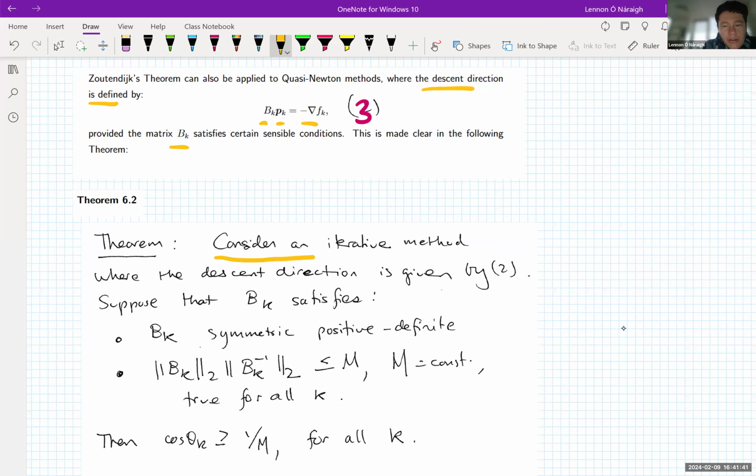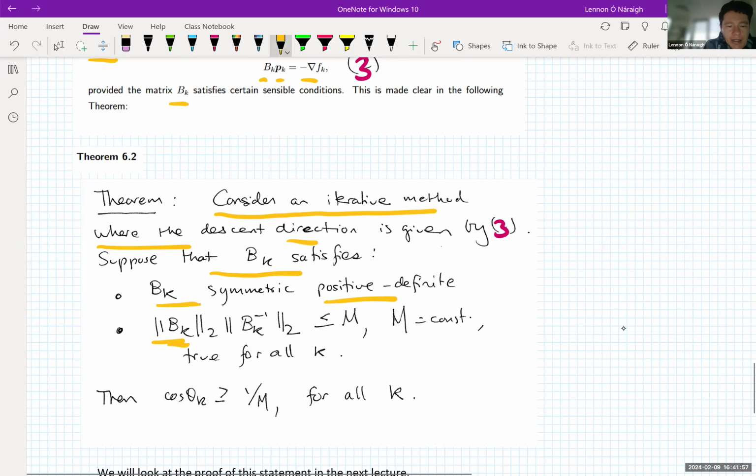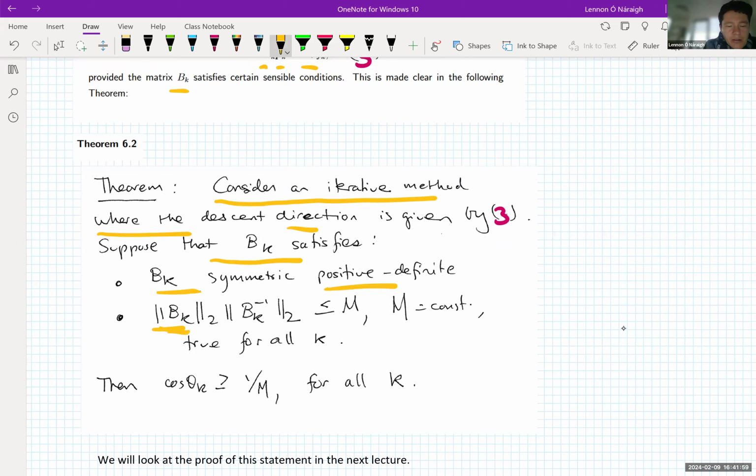In this theorem, we're told to consider an iterative method where the descent direction is given by equation 3. And then suppose that Bk satisfies the following conditions. It's symmetric, positive definite, and also this condition on the matrix norms is satisfied: the L2 matrix norm of Bk times the L2 matrix norm of Bk inverse should be less than or equal to M, where M is a constant.